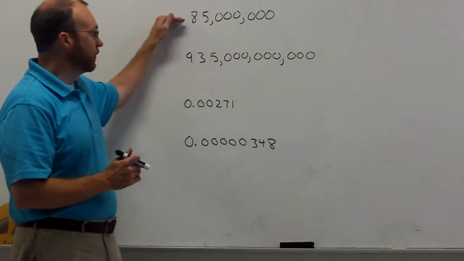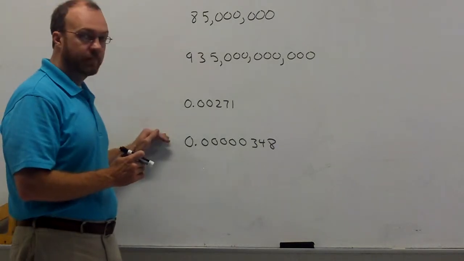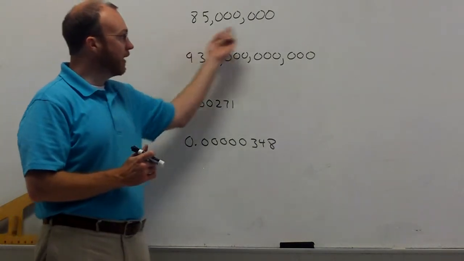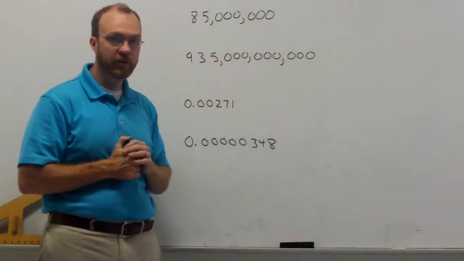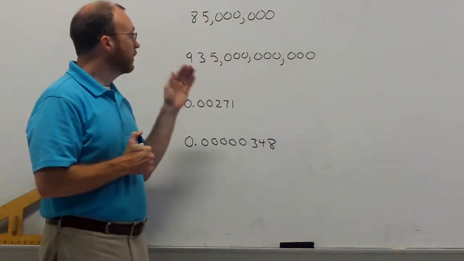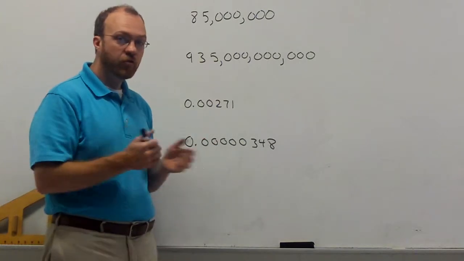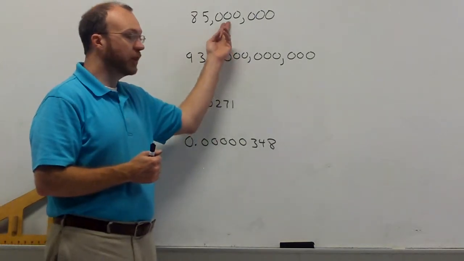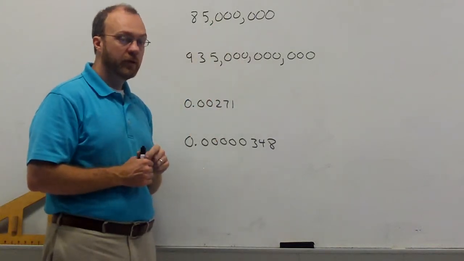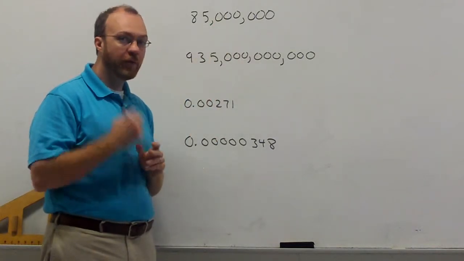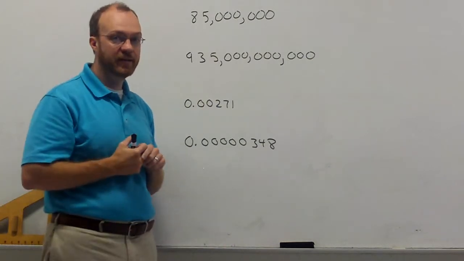When we have a number, we can write it out with each number in its correct place value. We call this standard form. Sometimes, though, we like to shorten the number, particularly if it's a really big number or a really small number. The way we do that is we only write down the significant digits.